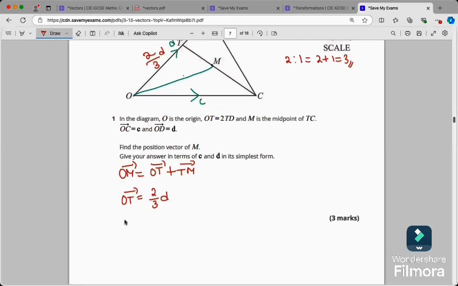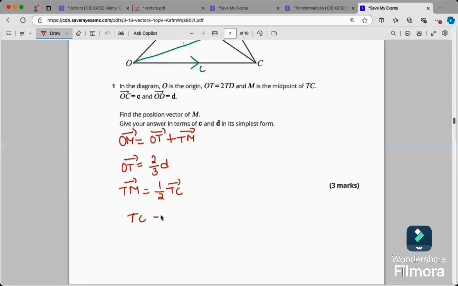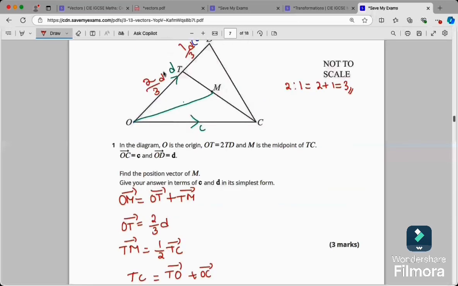In order to find TM, TM is half of TC, right? So what is TC? TC is given by T to O plus O to C. Therefore, T to O, or OT, is in the reverse direction, opposite direction.